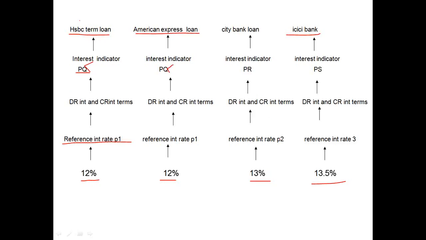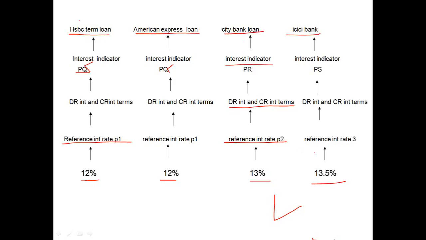Then coming to Citibank. Citibank is charging 13%. So we maintain one interest indicator and one reference rate of interest. Then we assign the actual rate of interest 13% to the reference rate of interest P2. And P2 will be linked to debit interest and credit interest terms under the interest indicator PR. And PR will be assigned in the Citibank loan account.